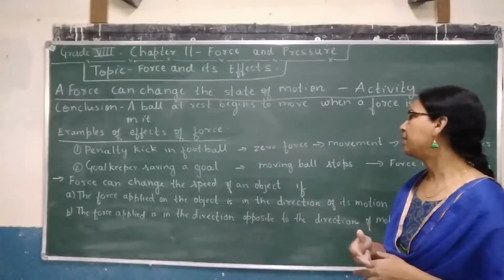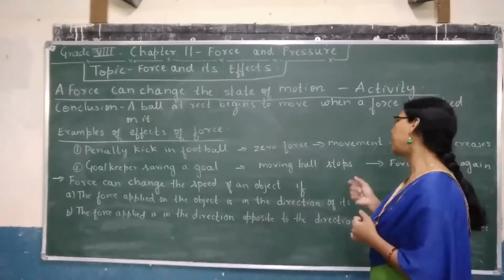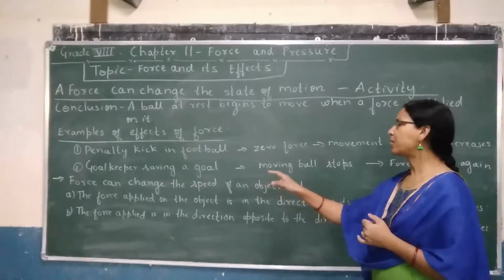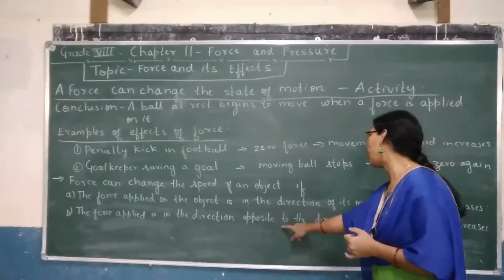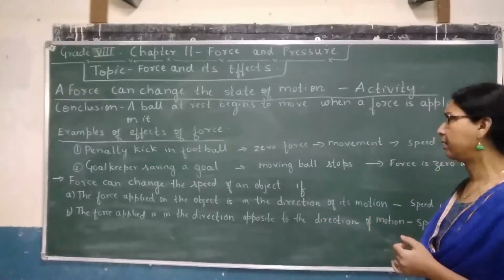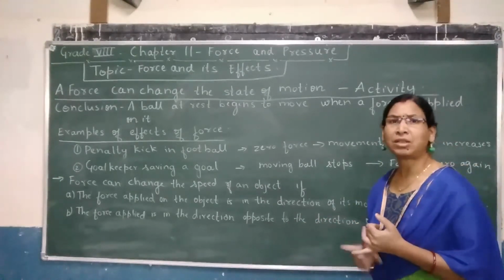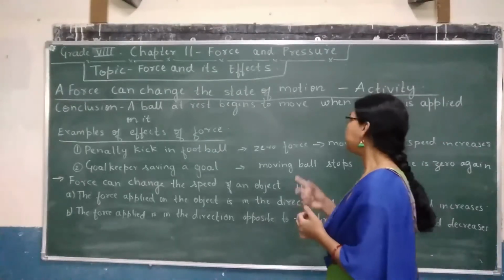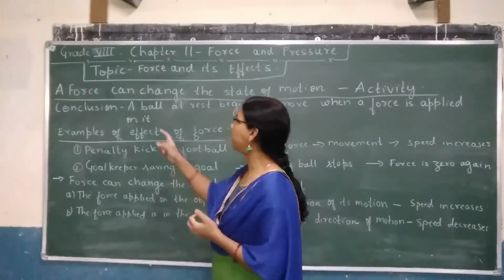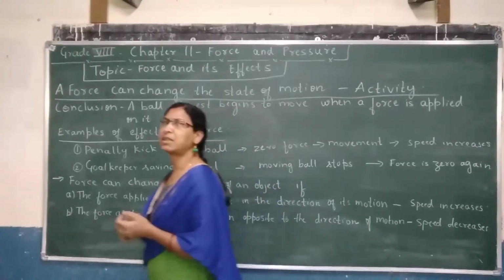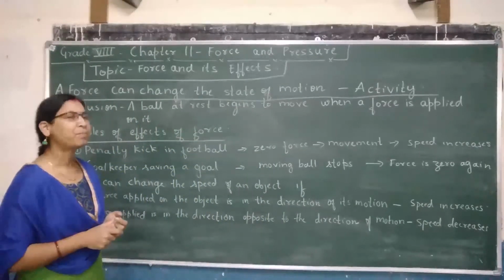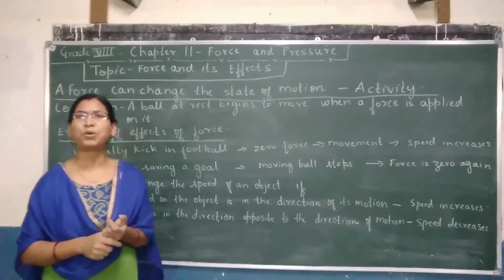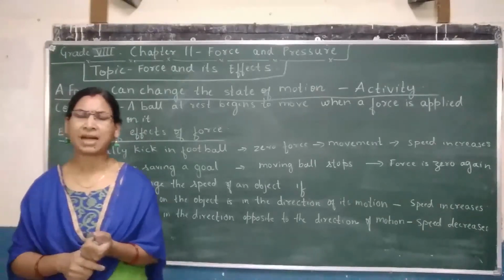Another one, force can change the speed of an object if the force applied is in the direction opposite to the direction of motion. So here it is opposite, and the speed decreases. So dear children, we have seen that a force can change the state of motion of an object. I hope you understood these activities.